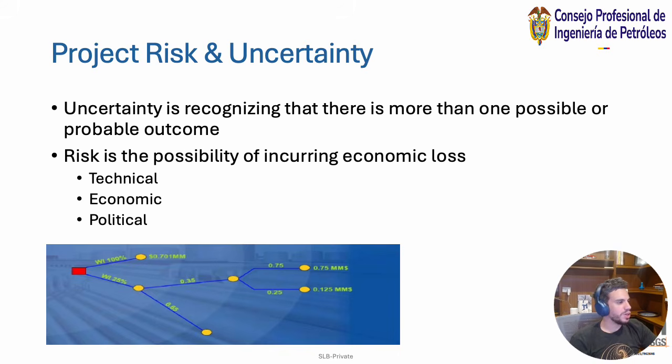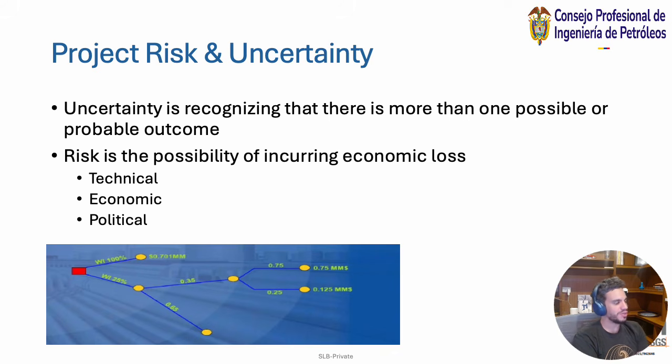And finally, for part one, we can talk about project risk and uncertainty. This is the last topic of petroleum economics, but in the world of a project, you must recognize the truth that there is more than one possible or probable outcome that can happen. So even if you select a given outcome, that spreads into this tree-like diagram, as you can see here in the image.